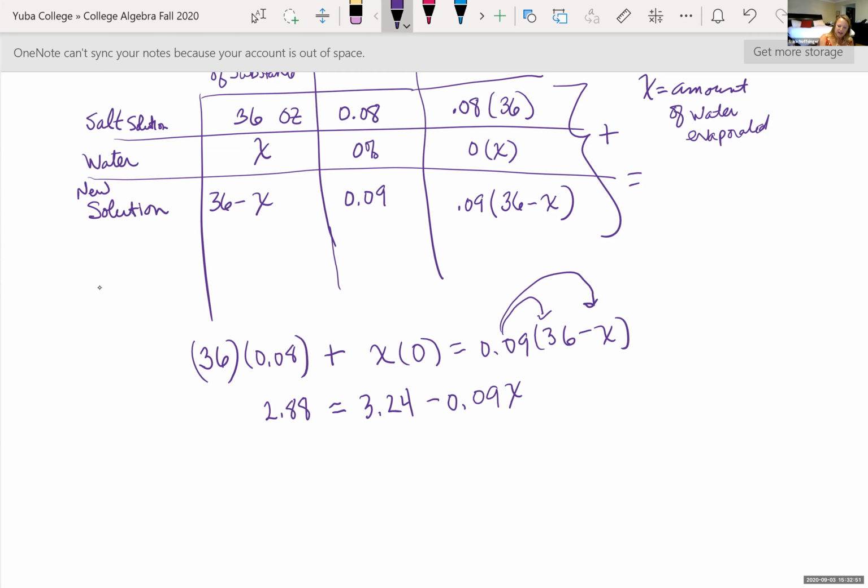So let's subtract 3.24. So 2.88 minus 3.24 is negative 0.36.